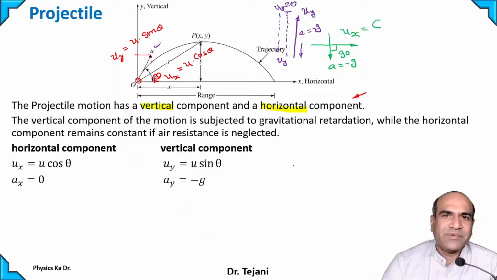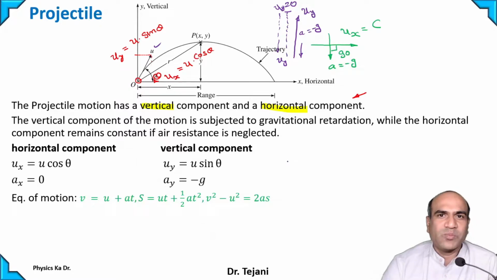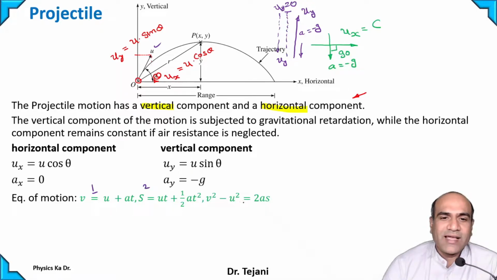We are in the chapter where we are discussing kinematics and motion, and we have three equations of motion. The first one is v is equal to u plus at, the second is s is equal to ut plus 1/2 at square, and the third one is v square minus u square is equal to 2as.